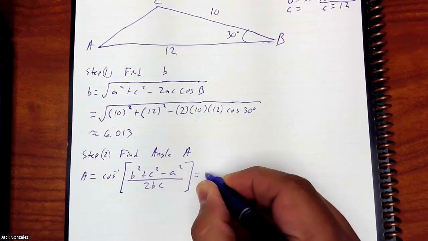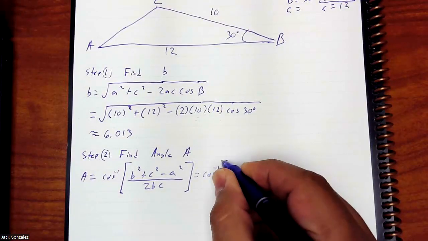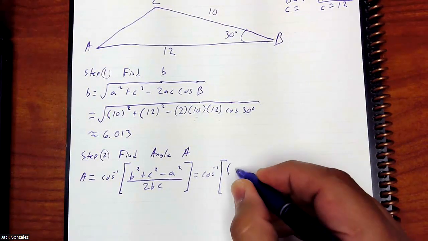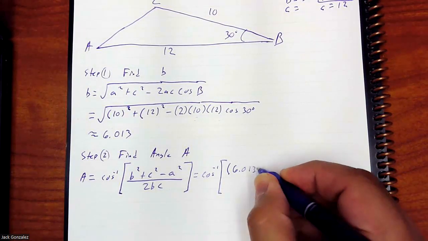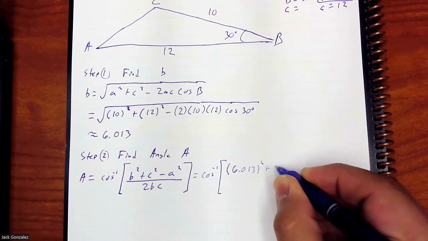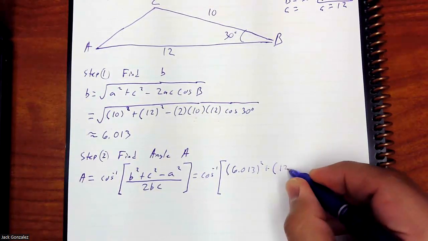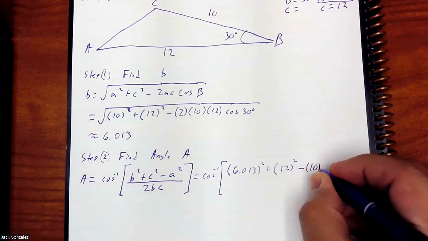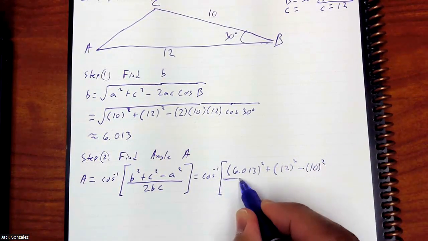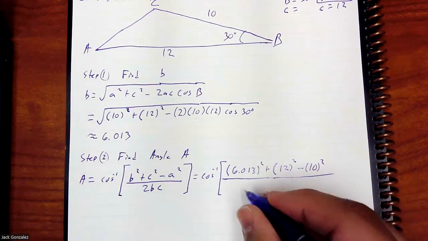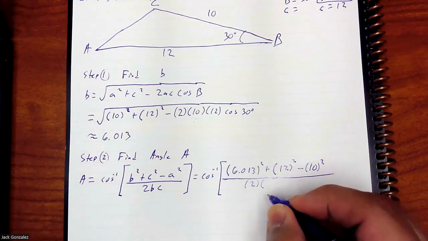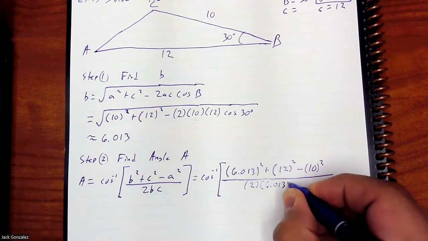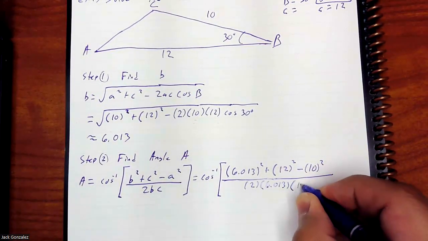That will be cosine inverse of 6.013 squared plus 12 squared minus 10 squared, over 2BC, which would be 2 times 6.013 times 12.